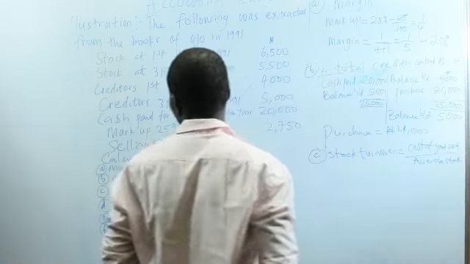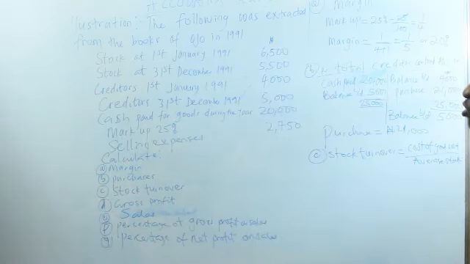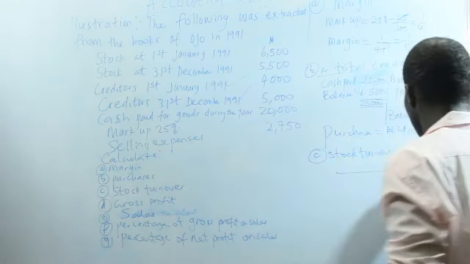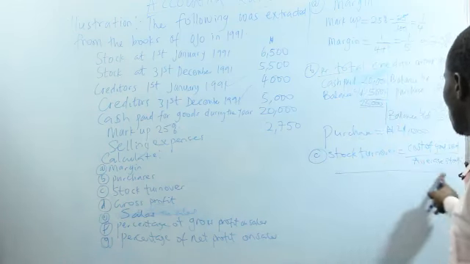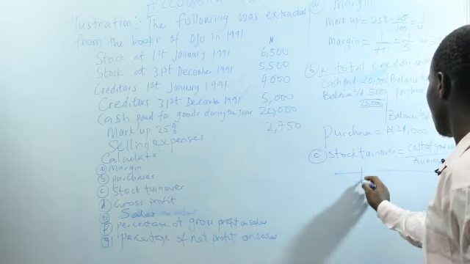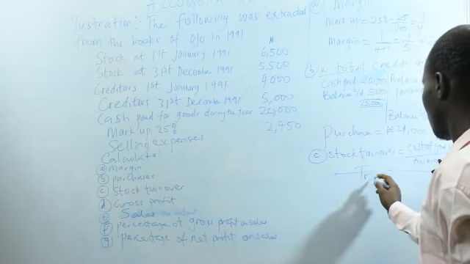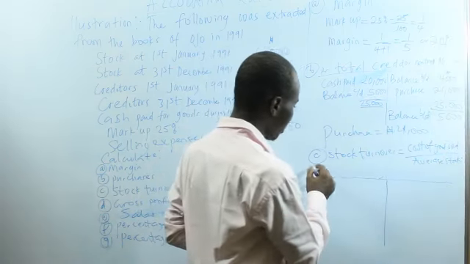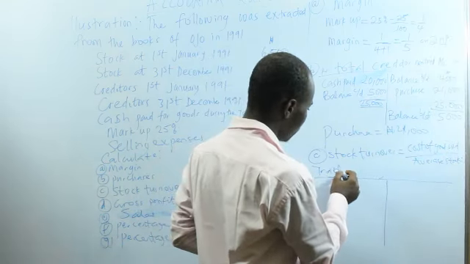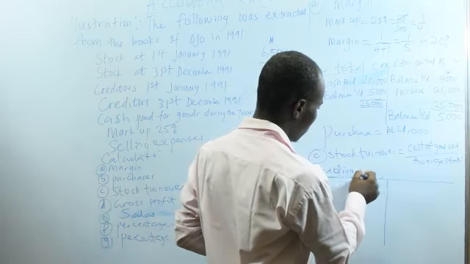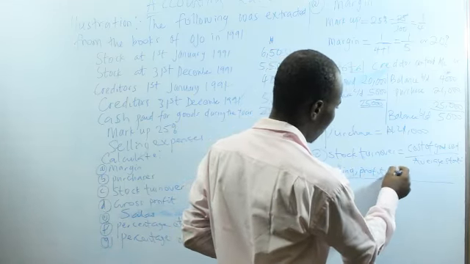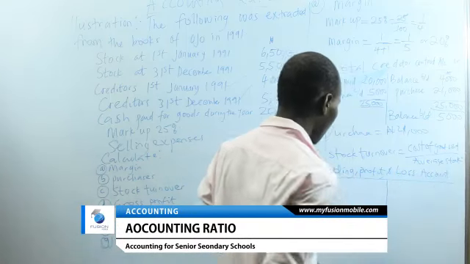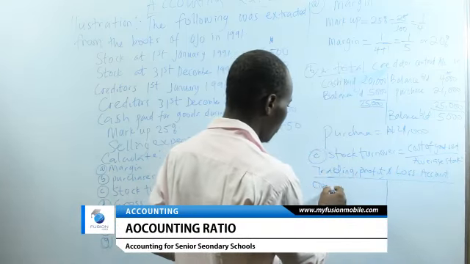So we have to prepare the trading account to be able to calculate the cost of goods sold within a period. So we can prepare the trading account to calculate our cost of goods sold, in the profit and loss account. So we have the opening stock within the period.